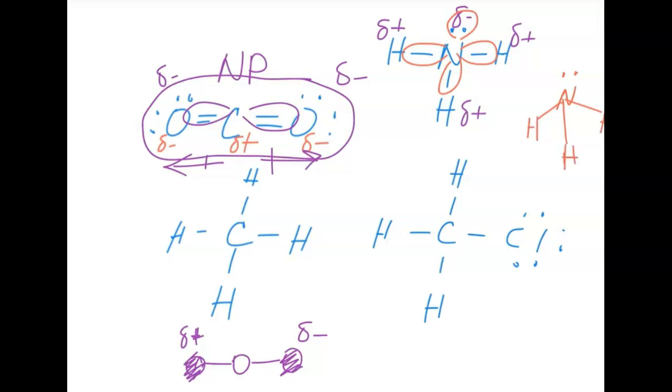And in this case, we have a polar molecule because around nitrogen there is more negative charge, because there is more electron density around this nitrogen. That's why this molecule is polar.